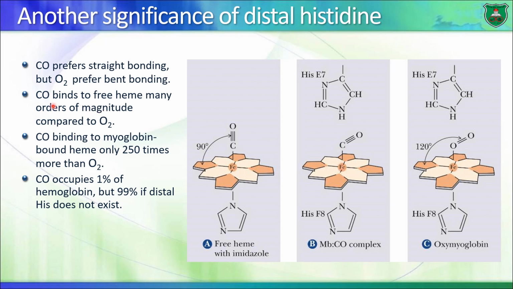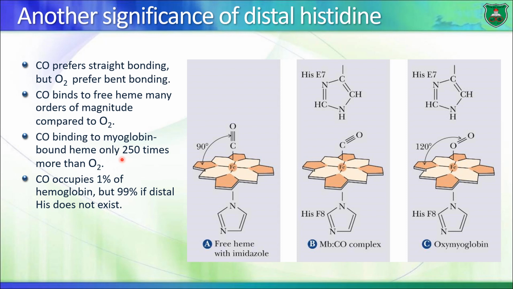So instead of thousands of orders of magnitude relative to oxygen, carbon monoxide has only 250 times more affinity or higher affinity than oxygen. So why is it that we don't die?